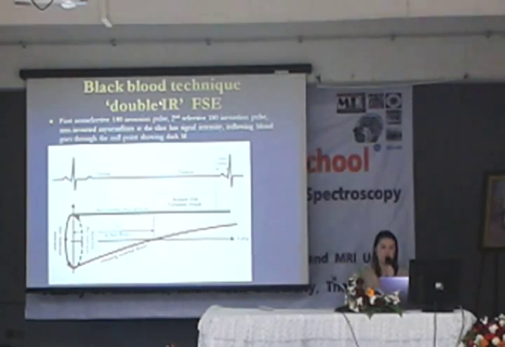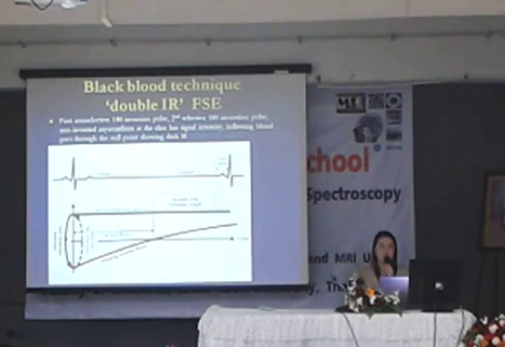Let's move to the black blood technique. It is double IR fast spin echo. It's called double IR because the magnetization preparation uses first a non-selective inversion pulse, then a second selective re-inversion pulse. So it's double IR.